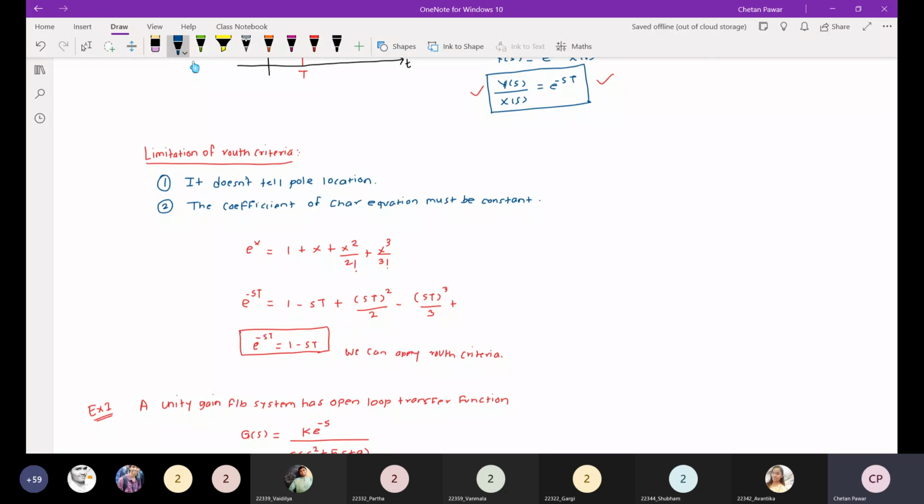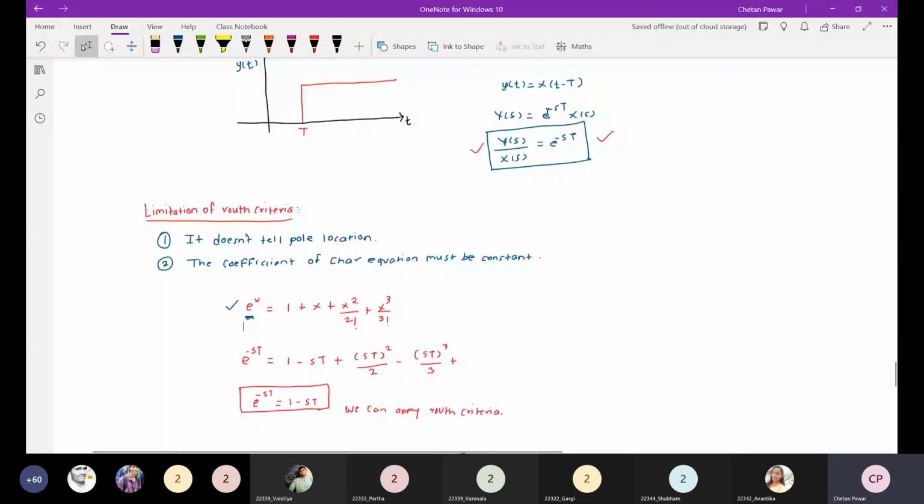Take the infinite series of e raised to x. If you take e raised to minus sT, that series will be 1 minus sT plus, and so on. If there is a transportation lag, there will be an e raised to minus sT term in the transfer function, since in a practical system there is a certain amount of propagation delay.